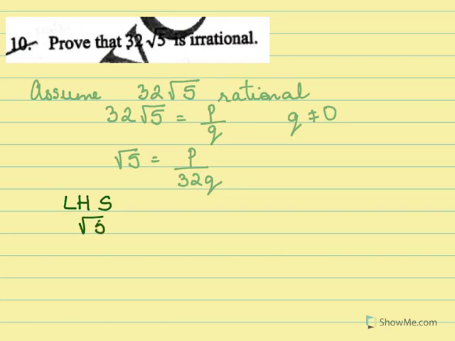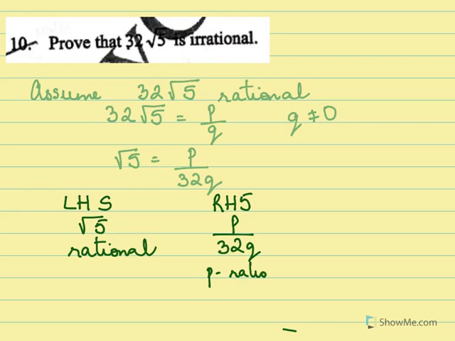Now my left hand side is under root 5, and the right hand side is P over 32Q. P is rational, Q is also rational, and 32 also is rational. So I can write the right hand side is also rational.